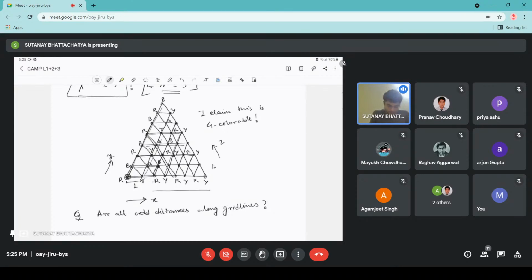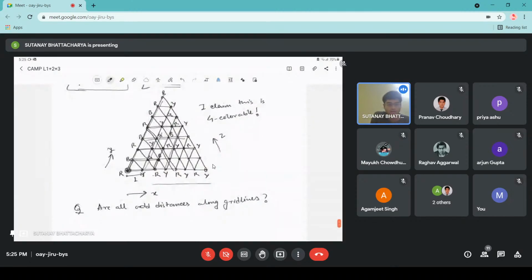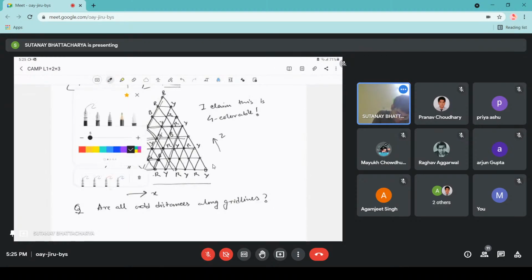So yeah, let me just give you the answer. As it turns out, it's not true that all the odd distances are along grid lines. For example, if you take this point, this is way too messy right now. Let me just pick a different color.